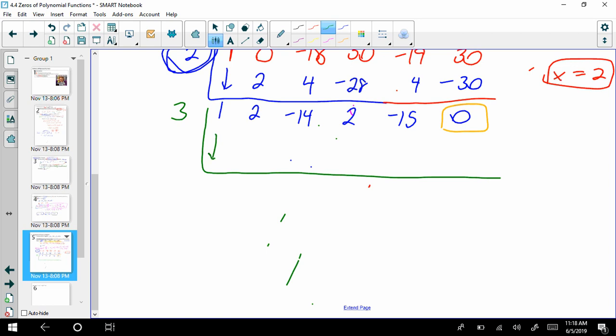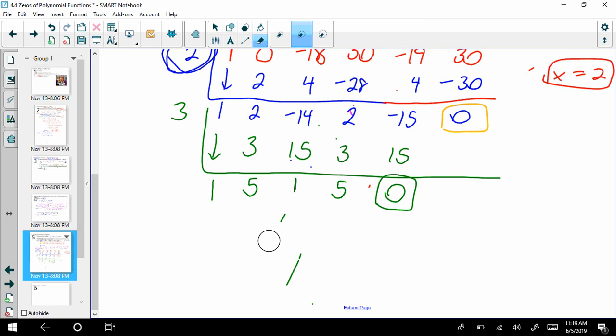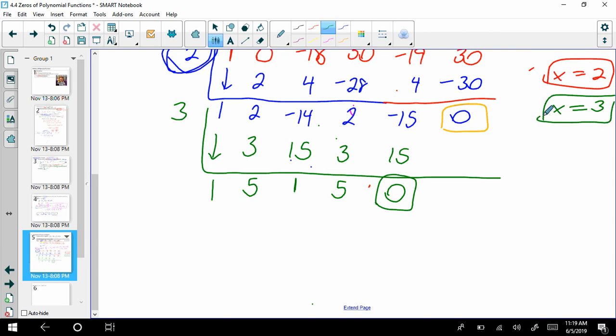So bring the first guy down, multiply, add, multiply, add, multiply, add, multiply, add. Oh, I got 0 out again. So that means 3 is an answer. So I'm going to add that to my list. There's answer number 2. I'm looking for 5, so we got to keep going.